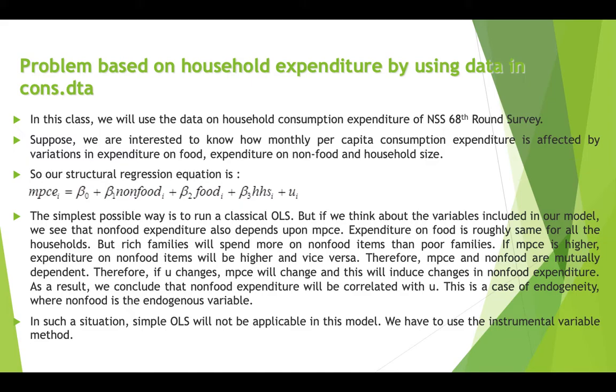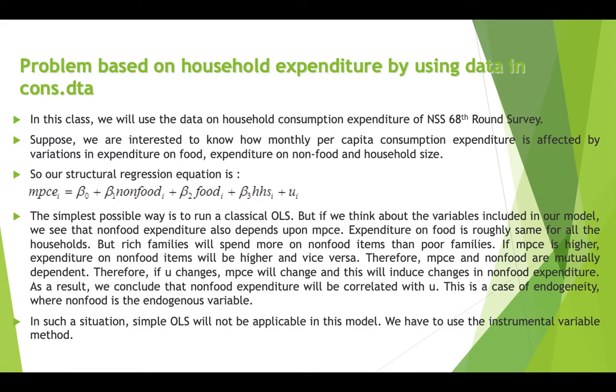Therefore, if U changes, MPCE will change, because MPCE depends upon the income level of the family, and income gets affected by the external shocks in the economy of the country. So, if U changes, MPCE will change, and therefore this will cause a change in non-food expenditure.